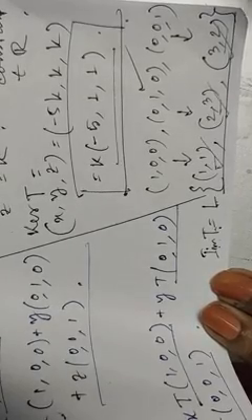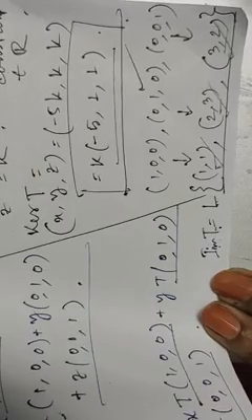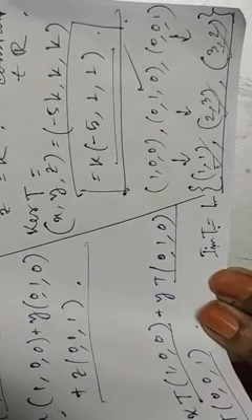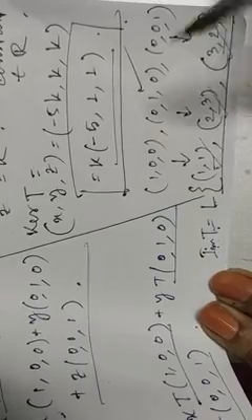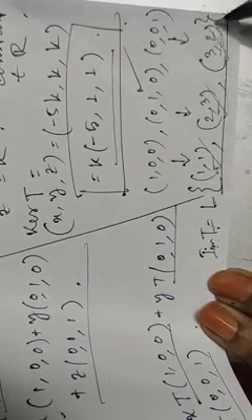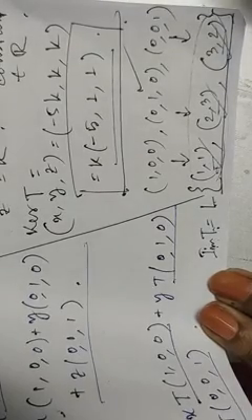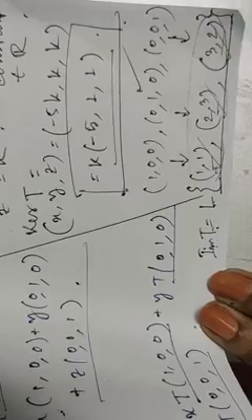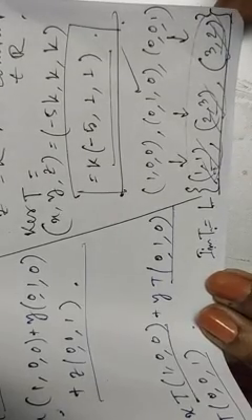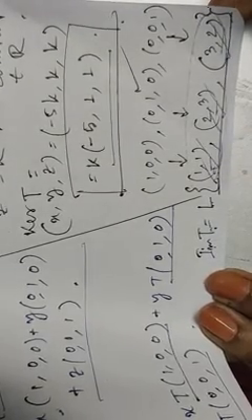So for that reason, if we want to find the dimension of image T, what do we have to do? We have to consider a subset of these 3 vectors such that it forms a linearly independent set. For that reason, let us consider the first 2 vectors and check whether they are linearly independent or not.